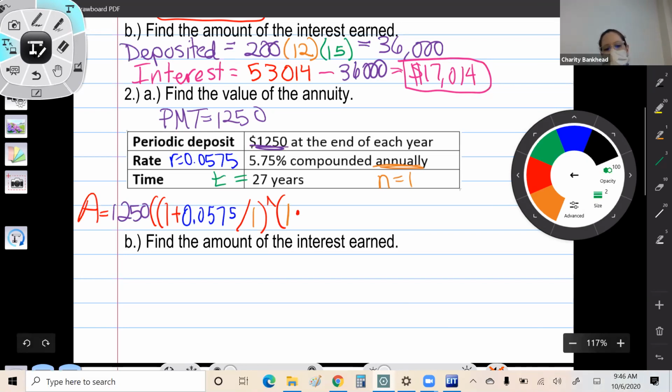And so, yeah, if you want to skip writing divided by 1 and multiplied by 1, that's completely fine. But I'm just going to be consistent here. Okay, after the 27 there, we're going to close the parentheses, and then we've got the minus 1, close the parentheses, divided by, open parentheses, 0.0575 over 1.